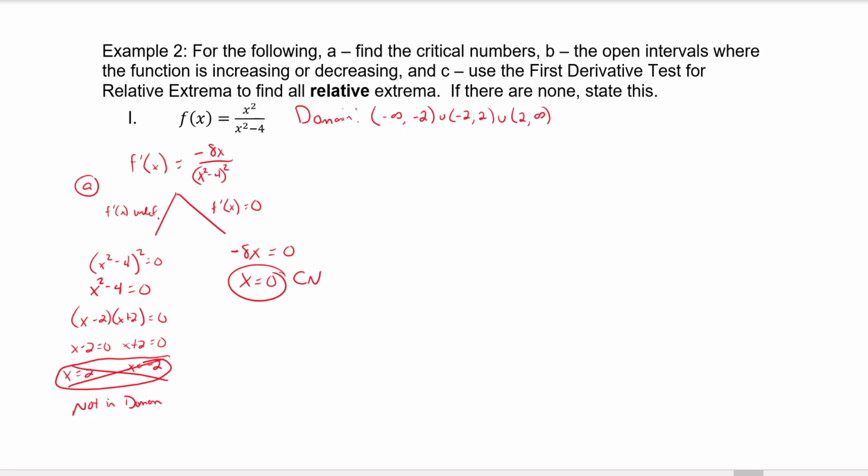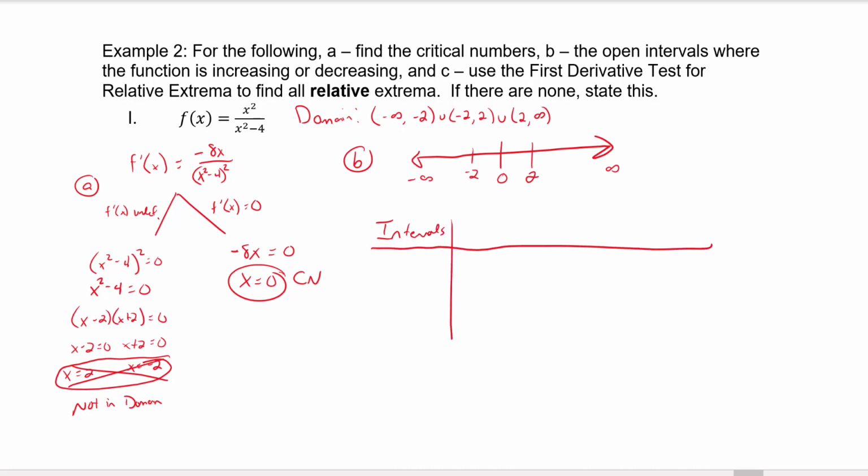All right, from here, part B, we want to find the open intervals where it's increasing and decreasing. Drawing our number line, we're restricted by our domain first off: negative infinity to negative 2, negative 2 to 2, 2 to infinity. But then we also plot in our critical point, 0. That tells us our intervals are negative infinity to negative 2, negative 2 to 0, 0 to 2, 2 to infinity.